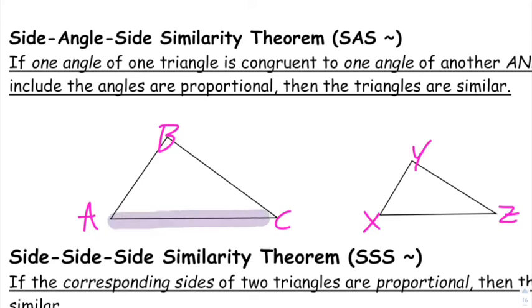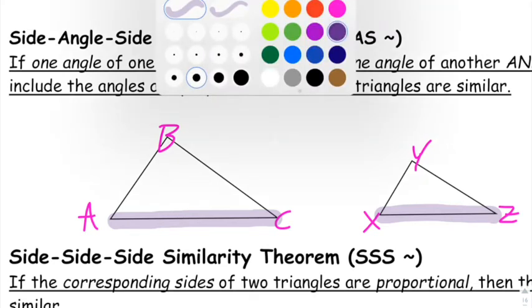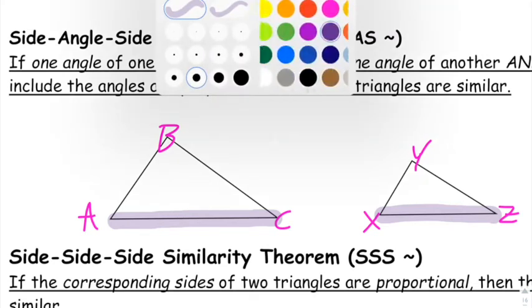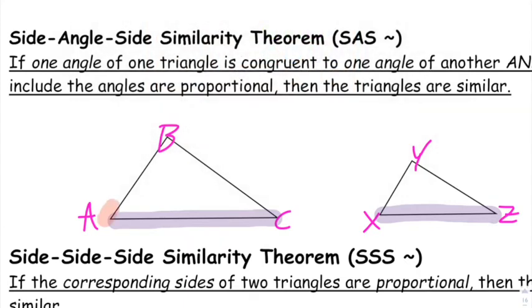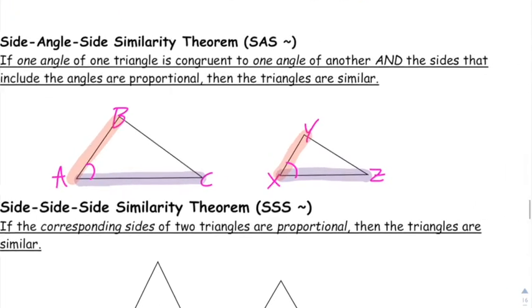We don't have a good symbol for similarity, so we're going to say this side AC is proportional to XZ, and side AB is proportional to side XY. And since it needs to be in this SAS mindset, we have to say that angle A is also congruent to angle X. And that is what that means.